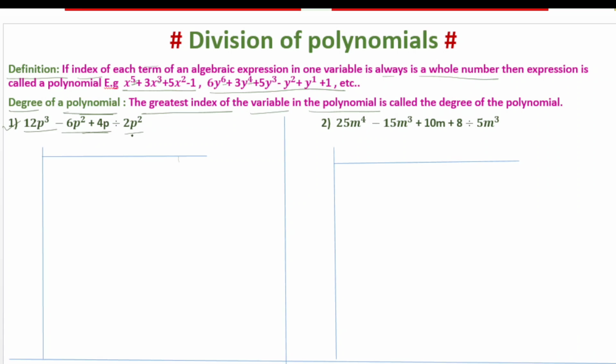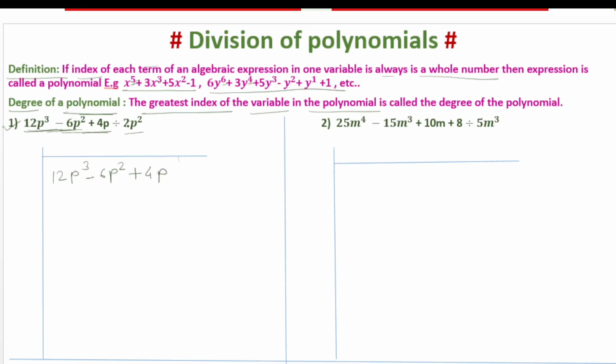We write this polynomial here: 12p cube minus 6p square plus 4p.